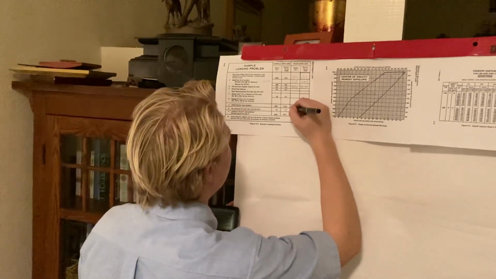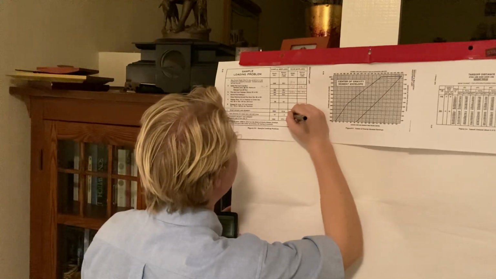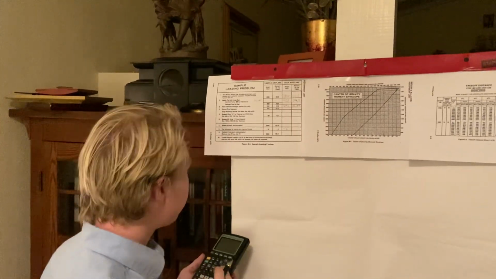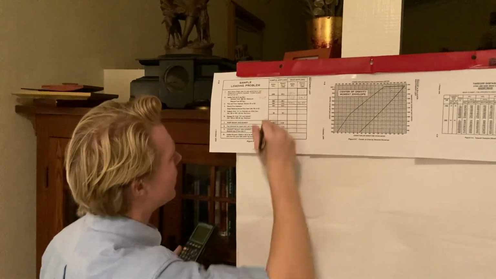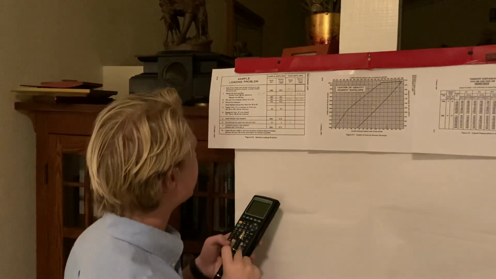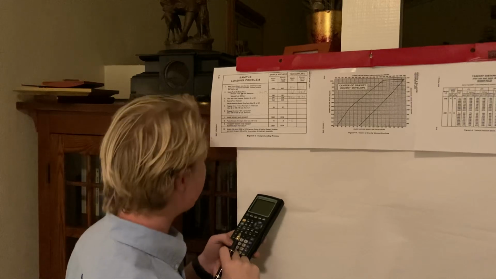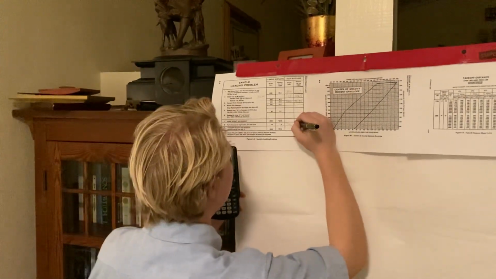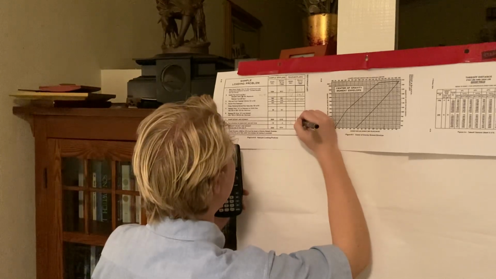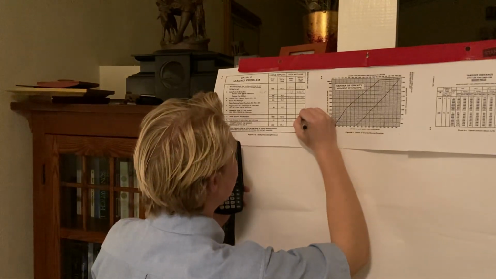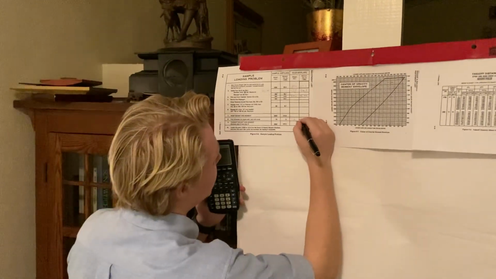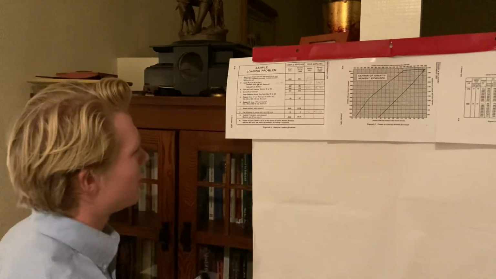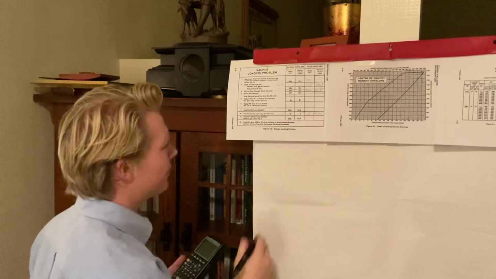So we're gonna put negative 6 pounds of fuel, and multiply that by the arm. So 6 times 46.41, the arm of the tank, and we get 0.28. And that's a negative number because we're taking that out from our moment because we're burning that fuel off.